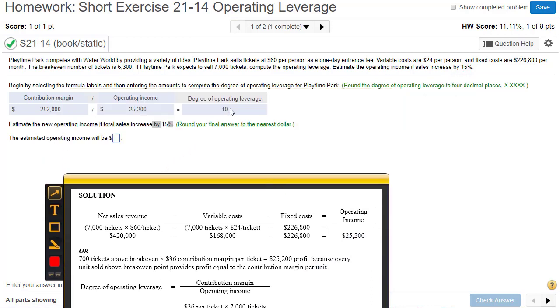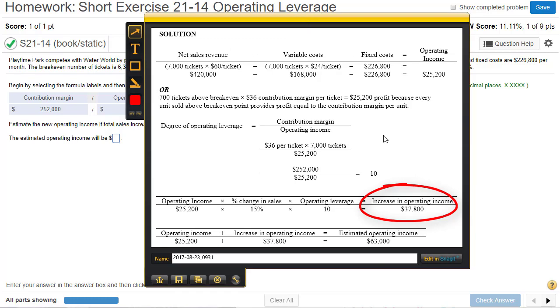So 10 times 15% times our operating income gives us an increase in operating income of 37,800. So this means if our sales increase by 15%, then our operating income increases by 37,800.